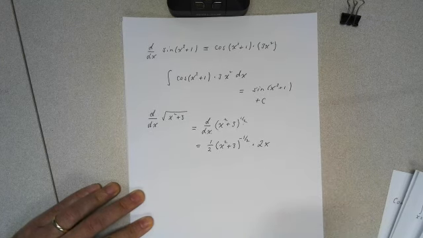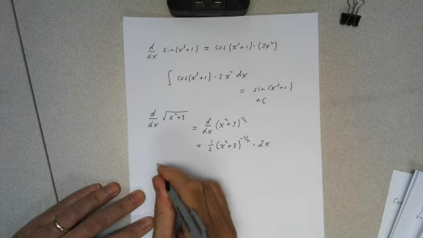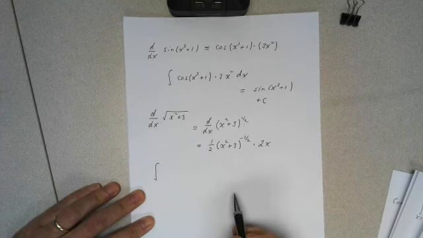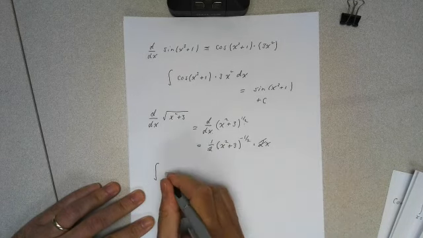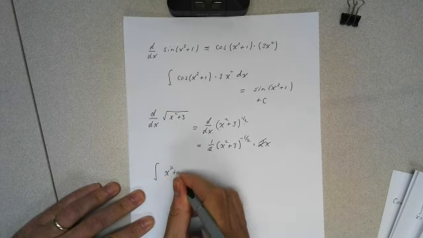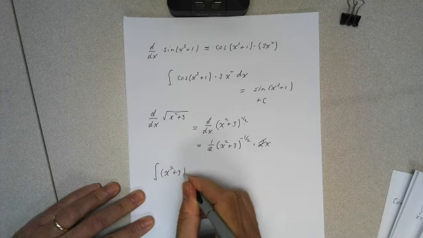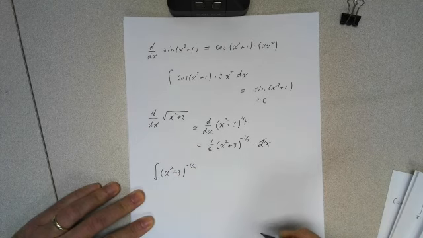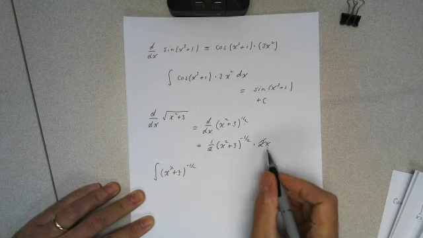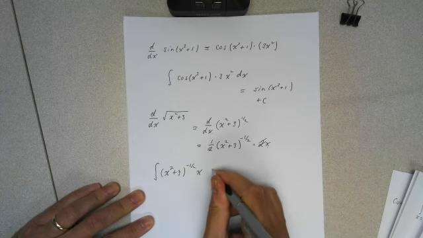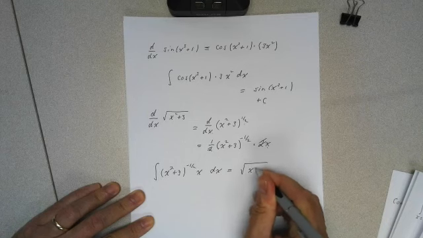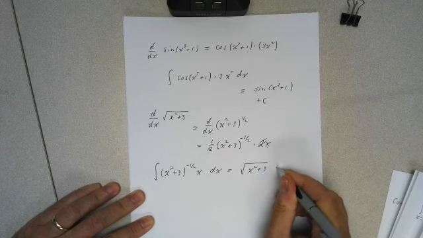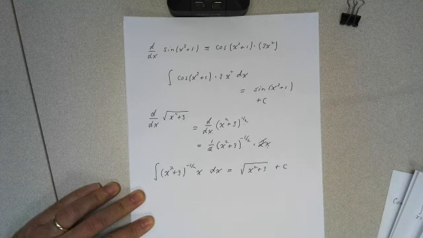Now we could write this as an indefinite integral statement. The indefinite integral of, the 2's would cancel, x squared plus 3 to the minus 1/2 times x dx is equal to the square root of x squared plus 3 plus our arbitrary constant.